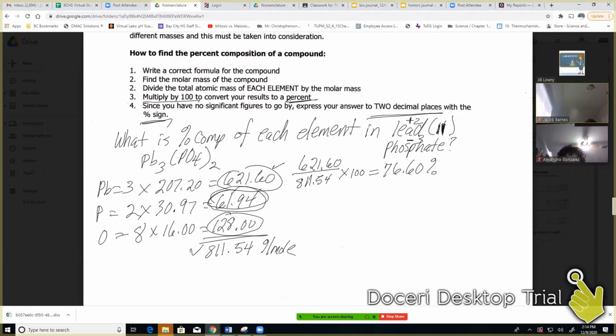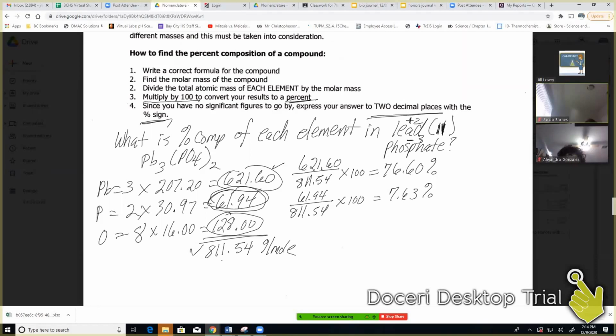Then I go to my next element, my phosphorus. My total amount of phosphorus, which is 61.94. Once again, divided by the total amount of my compound. So your denominator is going to be the same as we work through this. What's changing is your numerator. Once again, same 811.54 times 100, 7.63%.